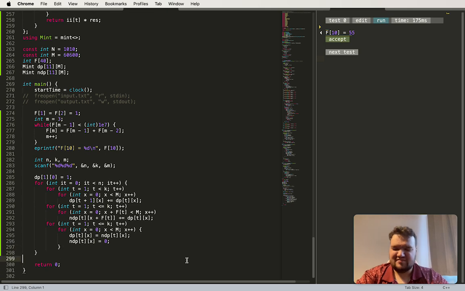So yeah, I'm a bit lost in this dynamic programming. The problem is that I want to not store the parameter that says how many chips we have already placed, because otherwise I will not have enough memory to store all the DP values.